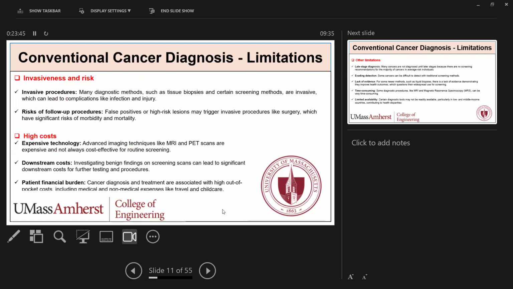And as I mentioned, invasiveness, right? Most cancer methods are invasive, like tissue biopsies and certain screening methods, which can lead to complications like infection and injury. Exactly. When they are trying to do a biopsy, the surrounding area cells will also be affected, right?